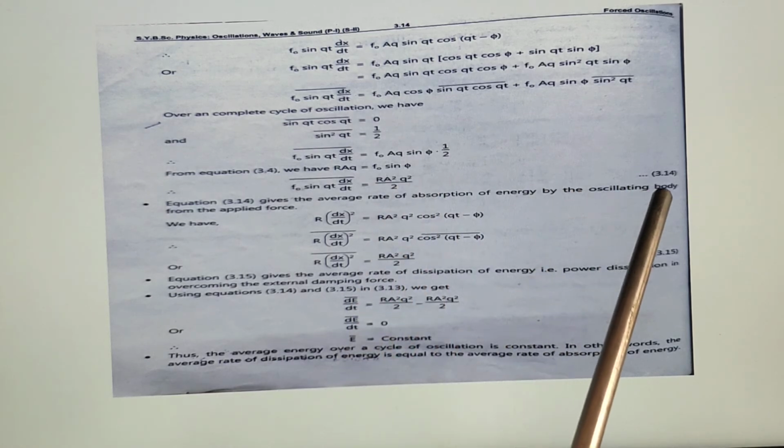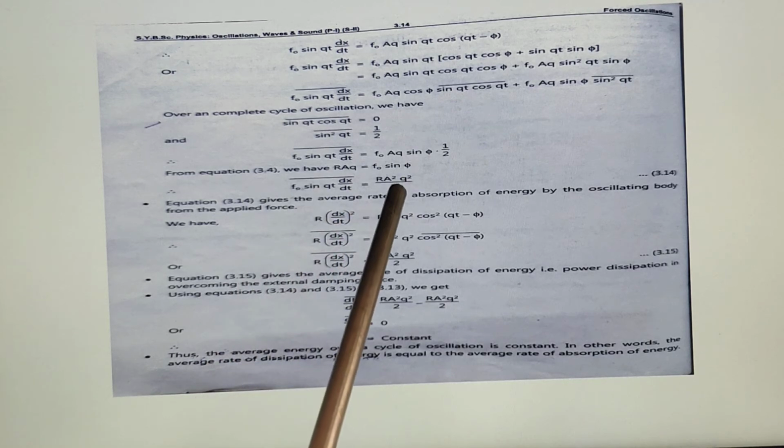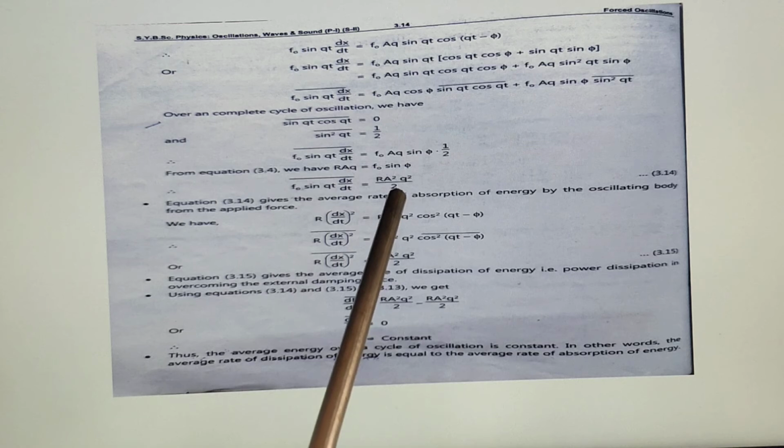So remember this equation by the name 3.14. Now equation 3.14 gives the average rate of absorption of energy by the oscillating body from the applied force. So this is the average rate of absorption of energy by the oscillator from the external force.